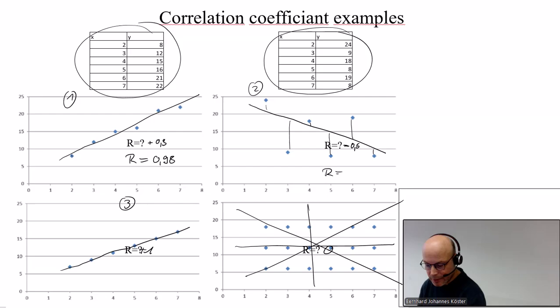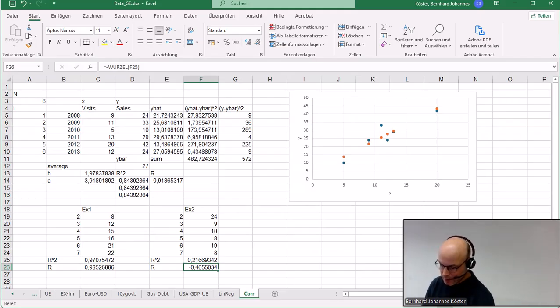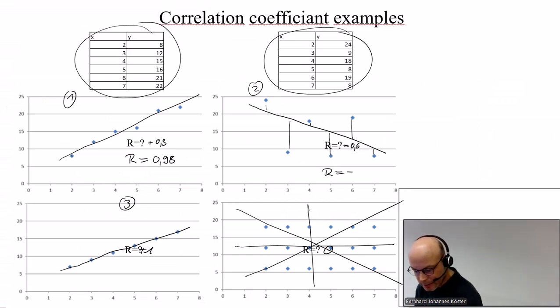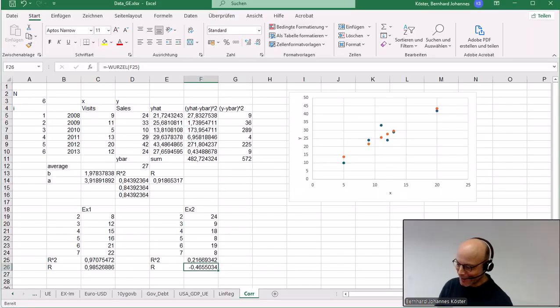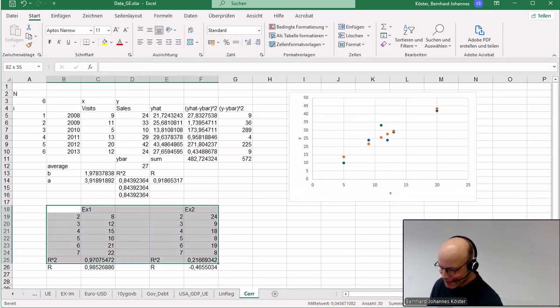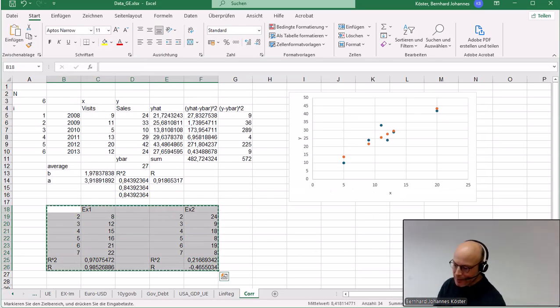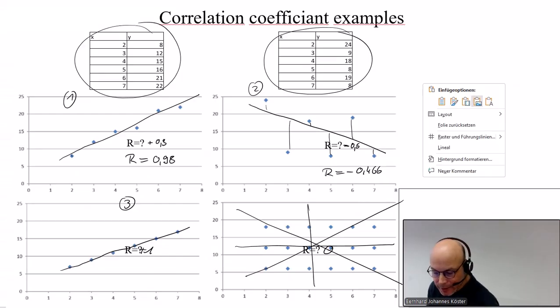And here is minus 4.66. Quite good. So let's take this also here.